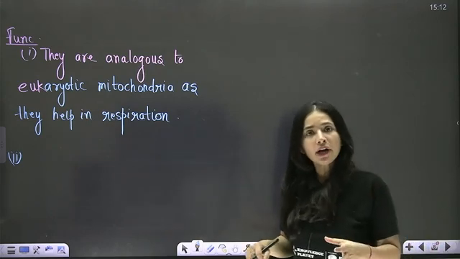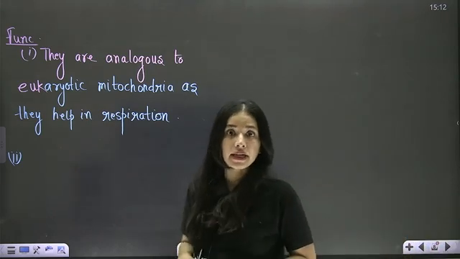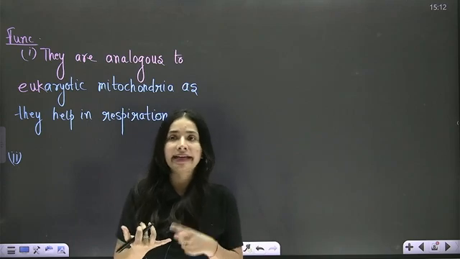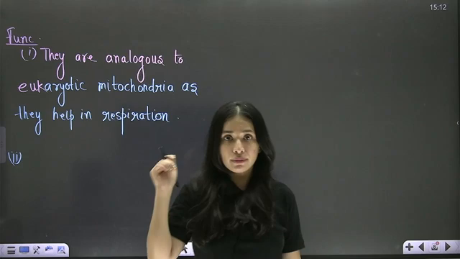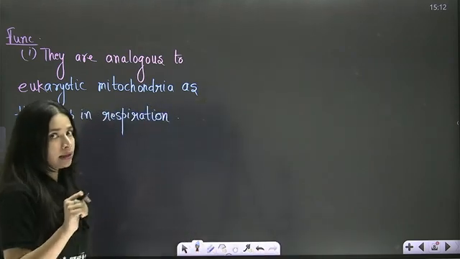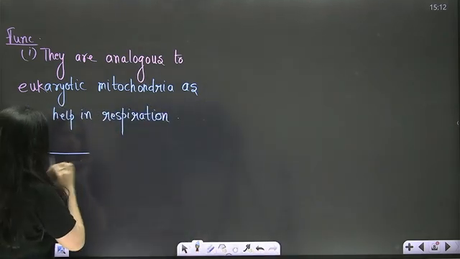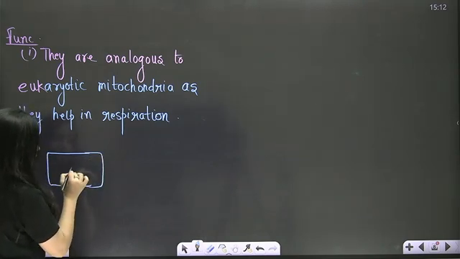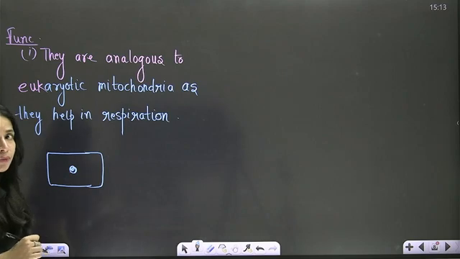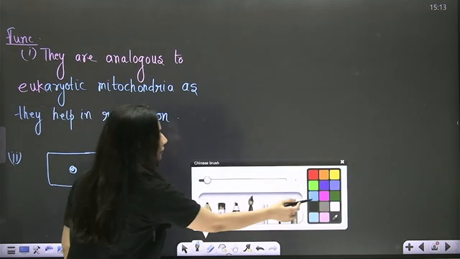Now, apart from helping in respiration, beta, they also help in DNA replication and they also help in binary fission. So, if you remember the process of binary fission, what happens? Suppose this is my bacterial cell which wants to undergo division, and this is the genetic material. So, this plasma membrane has infoldings.